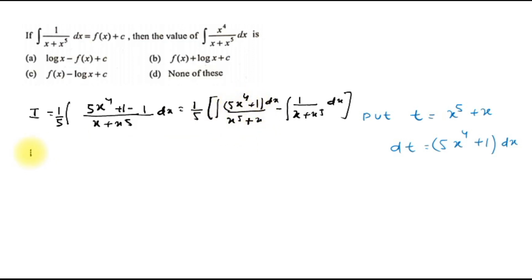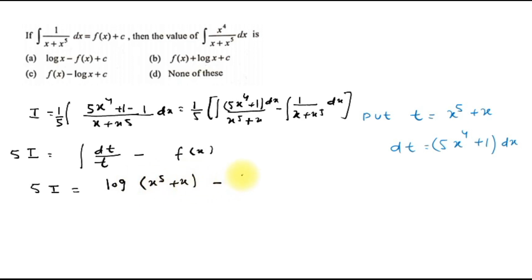So overall we can write integration I as 5I is equal to integration of dt over t, clear, minus this integration 1 over x plus x to the power 5 dx, which can be written as f(x), and after integrating we can write 5I is equal to log t, and t is x to the power 5 plus x, so we can write log of x to the power 5 plus x minus f(x).